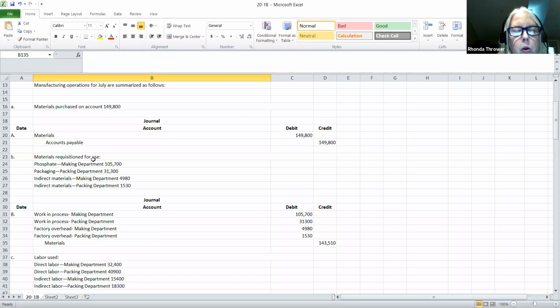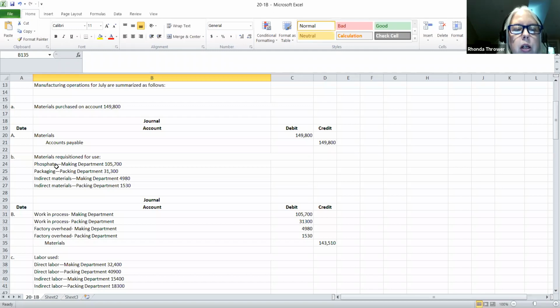In the B part of the transactions, they are telling you that you have some materials that have been requisitioned for use. What requisition materials means is we're taking some materials out of the materials account and placing them into process. You might remember from the instructions that phosphate was a type of material that was going to enter into the process.